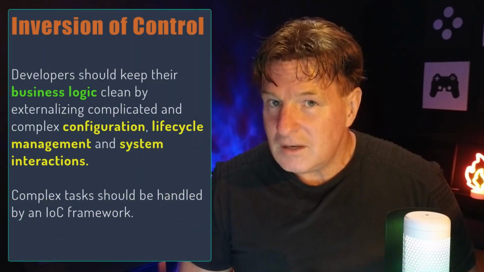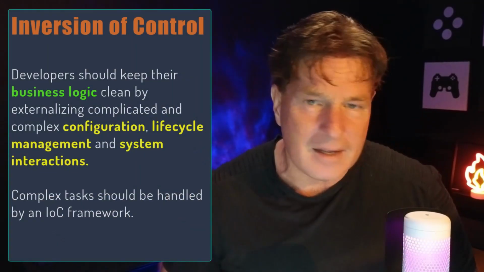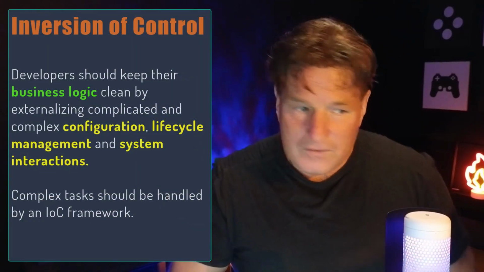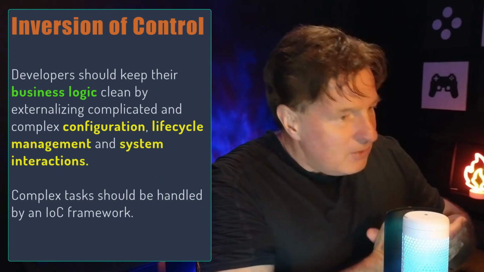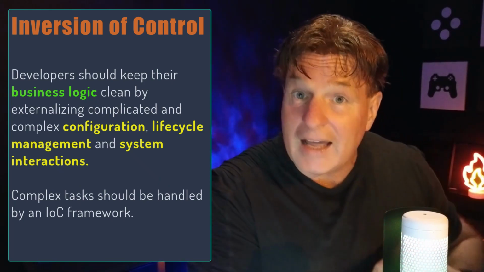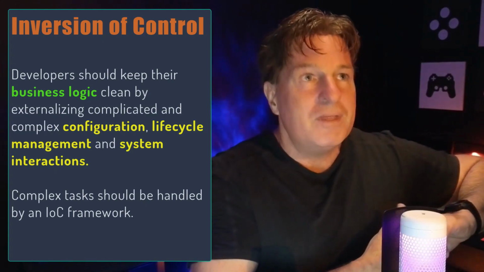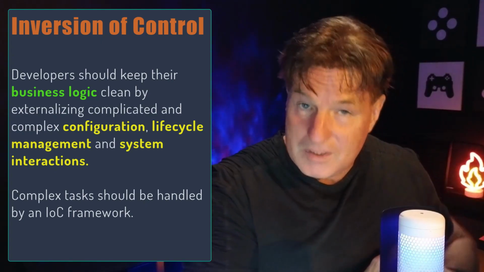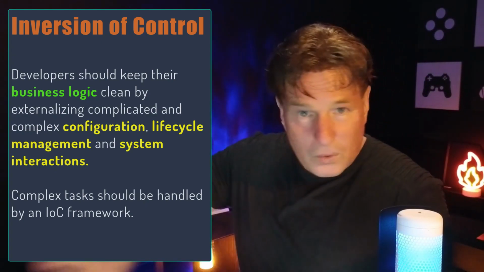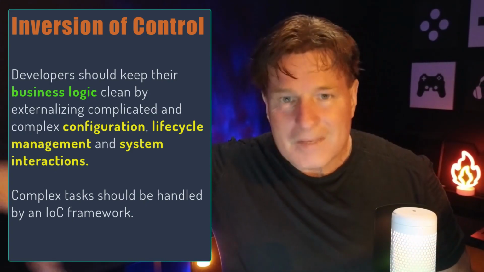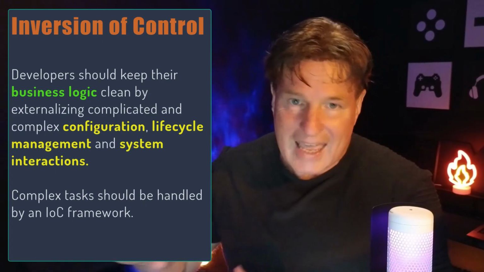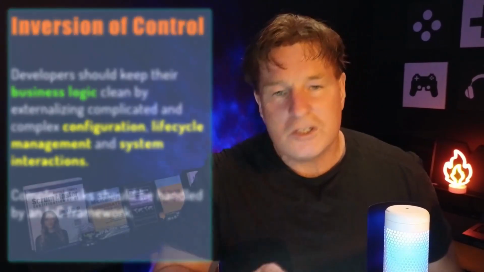That's inversion of control, just this idea that your code will benefit if you keep your business logic clean and push out configuration of highly parameterizable objects, the lifecycle management of objects with complex life cycles, and low-level systems interactions out to a framework that is better designed to handle those things. And then you just keep your business logic pure. You don't have to worry about any of those things in your business logic.